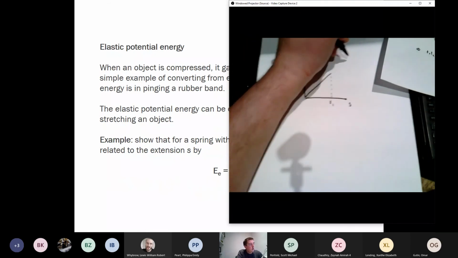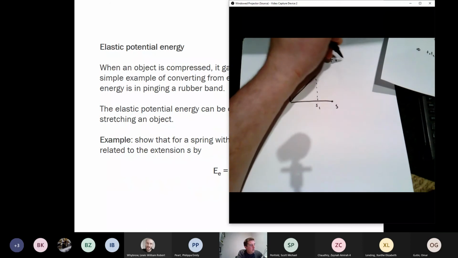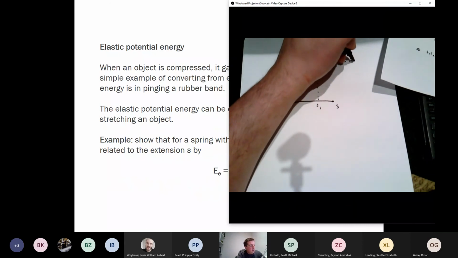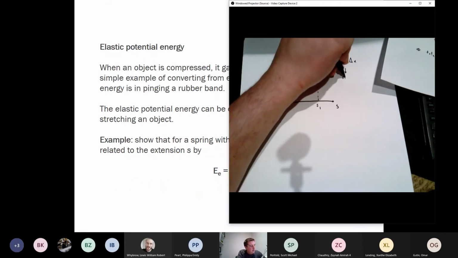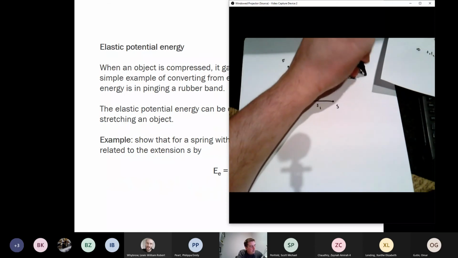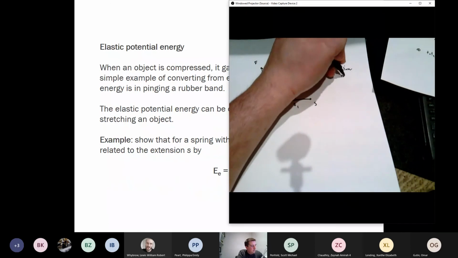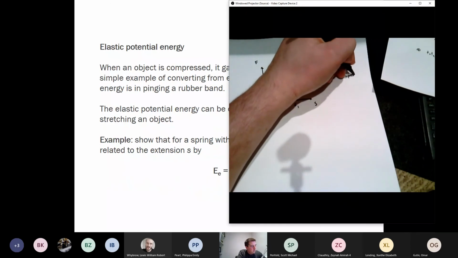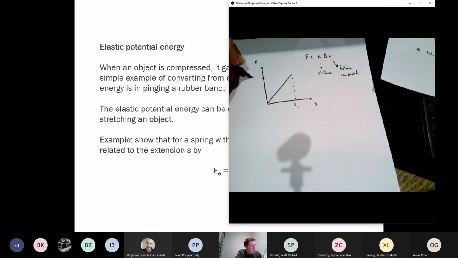Then we know from Hooke's law that F equals K delta X, where K is some stiffness and delta X is distance compressed. So this number here is the force, the force is K multiplied by the distance, and the distance is S1.